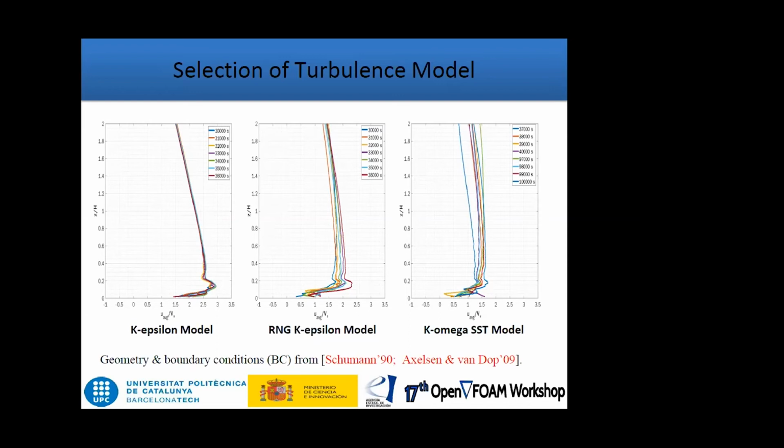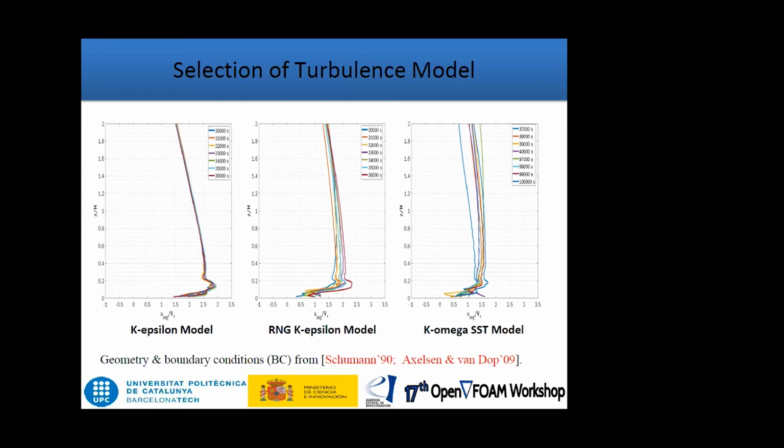Why? Because with respect to the non-dimensional height, near the boundary there are a lot of wiggles for the K omega model. So by eliminating the K omega model, we now have K epsilon and RNG K epsilon.